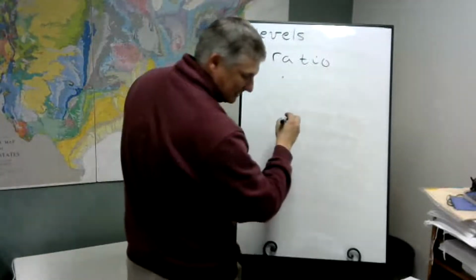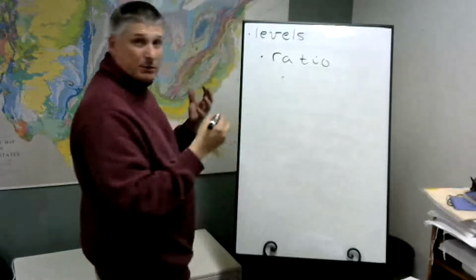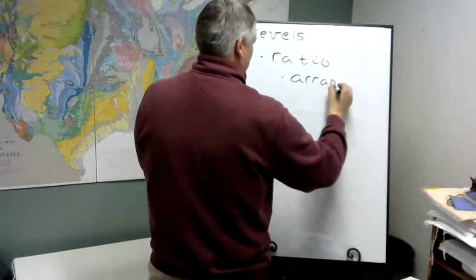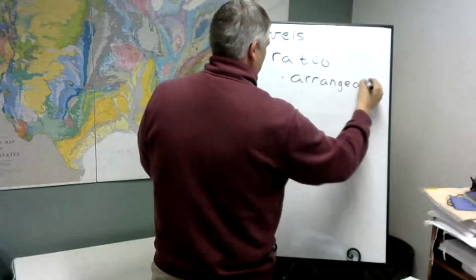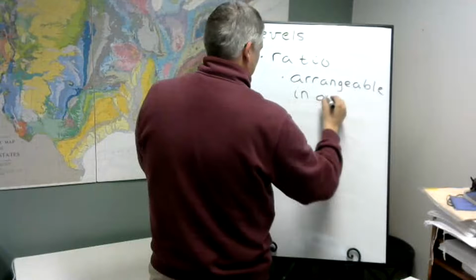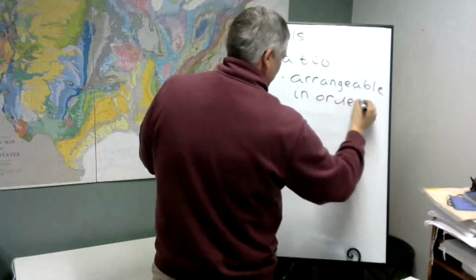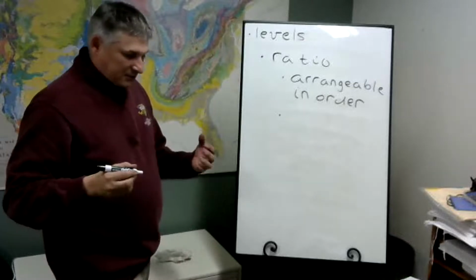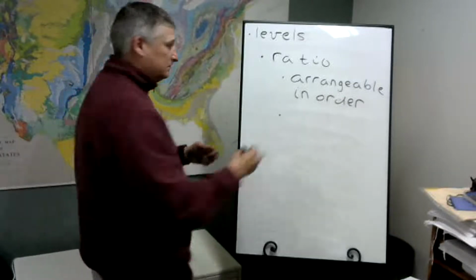So the data is arrangeable in order. Differences or subtraction is meaningful.